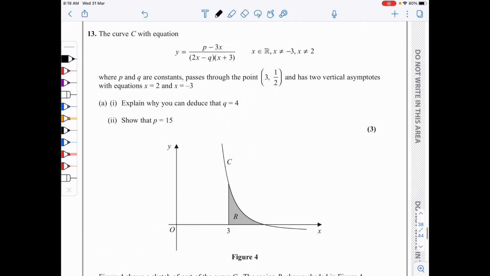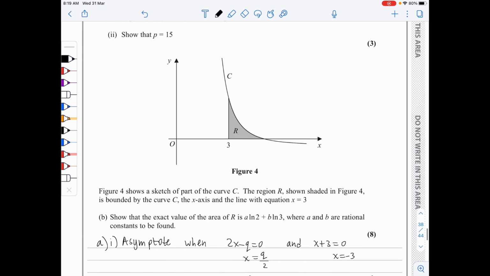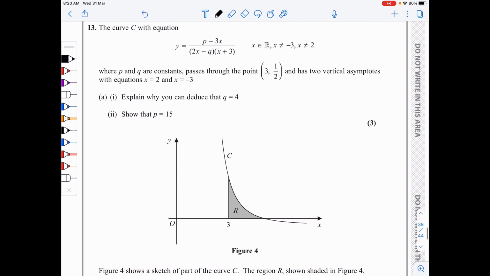Now, in the part B, we need to find the exact value of the area of R. Now, we are integrating from 3, and we need to find the point here. Knowing that p is 15, doesn't take long to reveal that this is 5. So to find R, we need to integrate from 3 to 5.